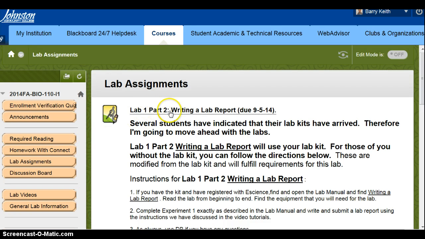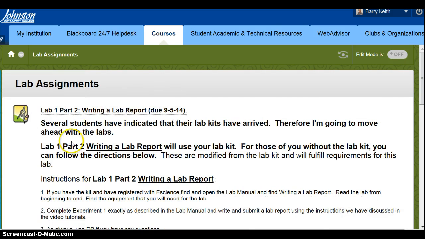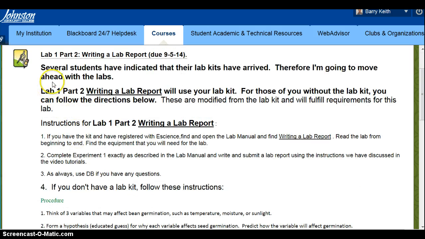So in Lab 1 Part 2, really the main reason that I'm making this tutorial is to talk a little bit about Lab 1 Part 2, which is due the end of next week. Several students have indicated their lab kits have arrived, therefore I want to move along.